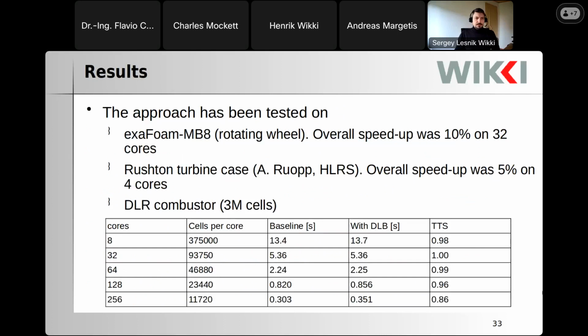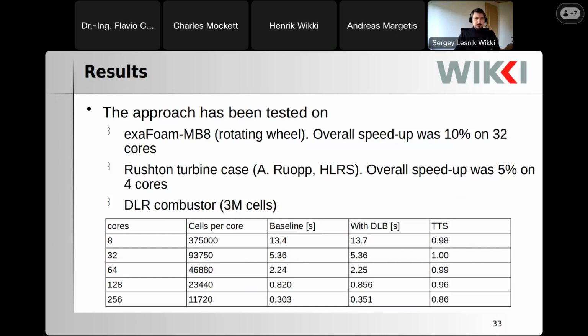So we tested this approach on our rotating wheel. This is where I started. It also helps you with the AMIs because their communication is an issue. And that was 10% faster. We did the Russian turbine with Andreas Ruop at HLRS, and the speed up was 5%.